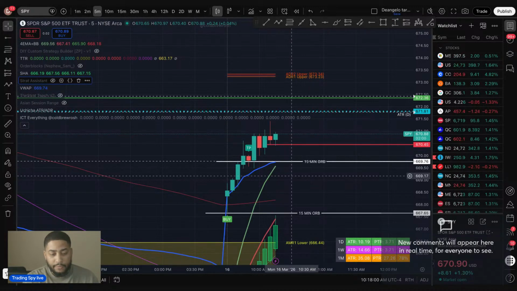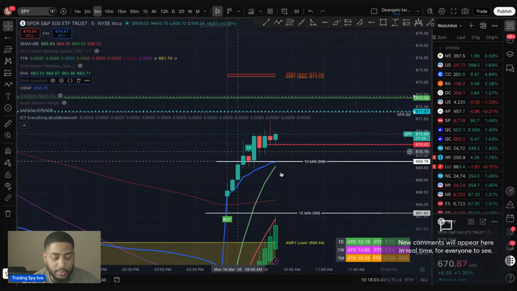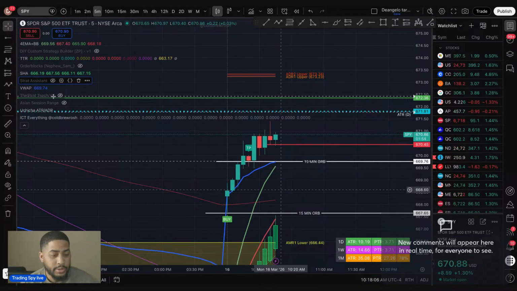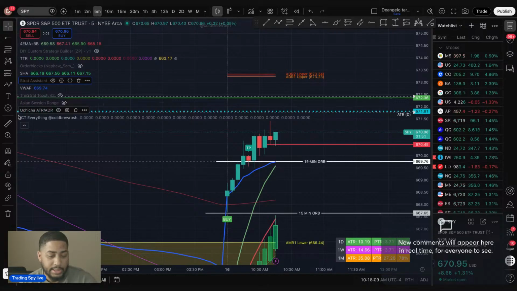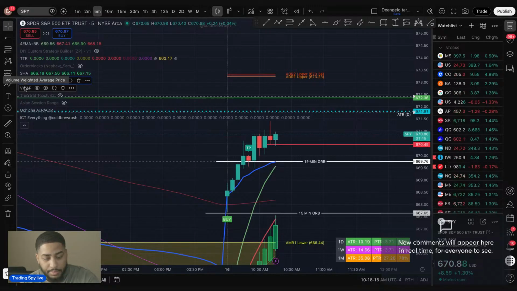But if it starts to fill it, then you know that it was going to try to reverse a lot harder down into the test of the gap. But I ain't gonna lie to you, I'm pretty mad that I'm not already in on calls, because we are bullish. It's really hard not to chase this move.